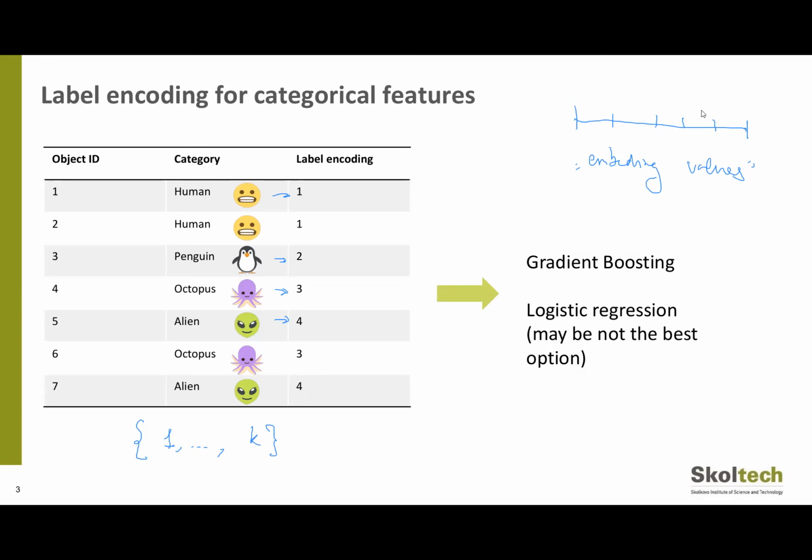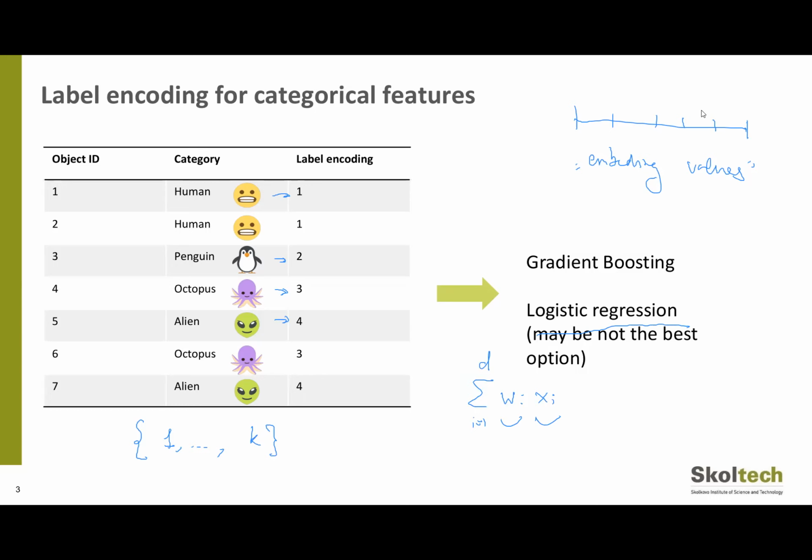We can only say whether two values are equal or not. Say we have logistic regression, or a linear model of the form w times x, where x are the inputs and w are the weights for our features. Having a weight for a categorical feature based on label encoding sounds quite strange, because there is no order of these categories.